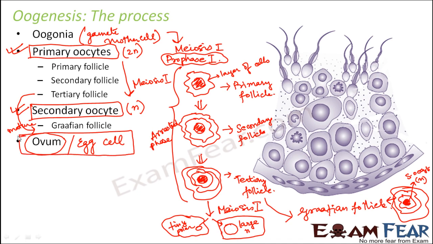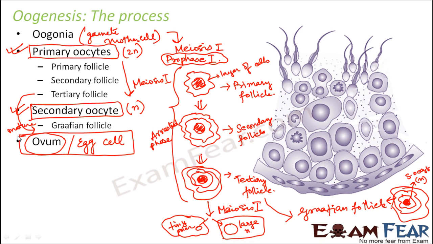formed. So now if you look at the entire process of female gamete formation, you will see that there are two events which are taking place side by side. One is the formation of egg by the process of cell division, that is by meiosis.